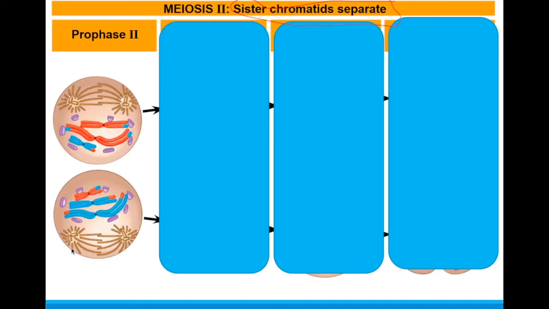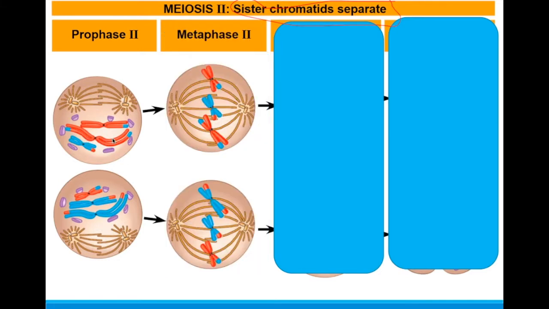So in prophase 2, we're going to see the nucleus disappear again. We see 2 centrosomes, and the spindle fibers starting to appear again, and the chromosomes are starting to condense again. In metaphase 2, all of the chromosomes line up along the metaphase plate, so the equator at the center of the cell.